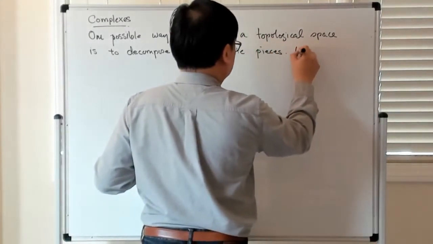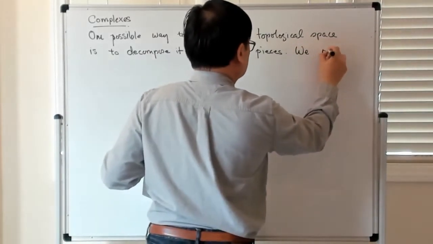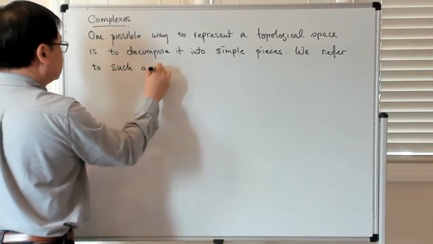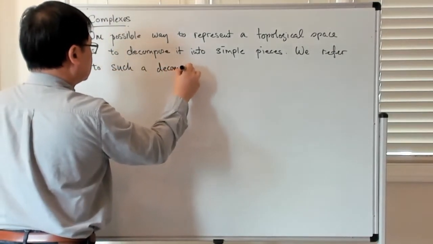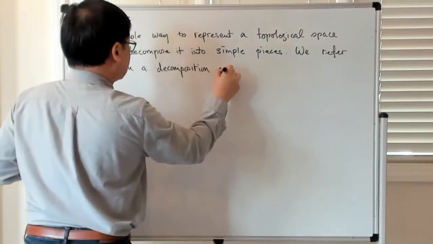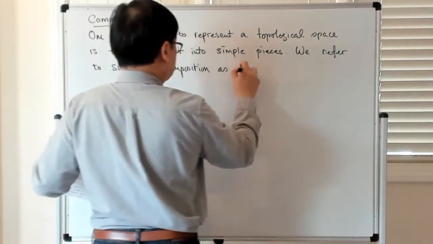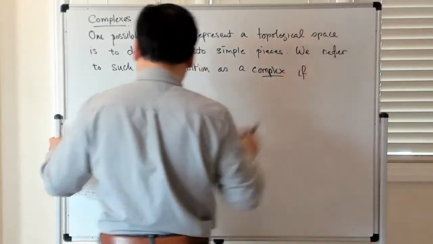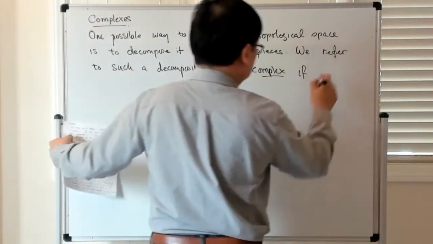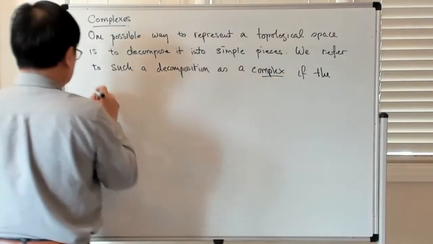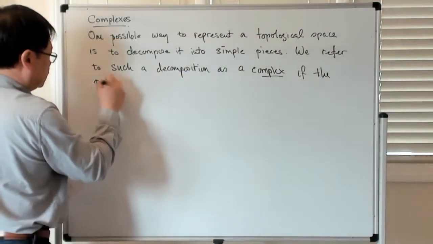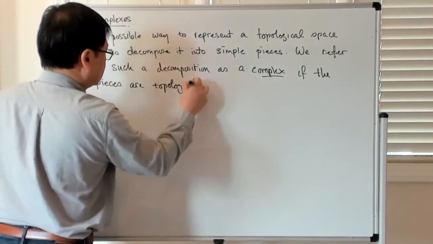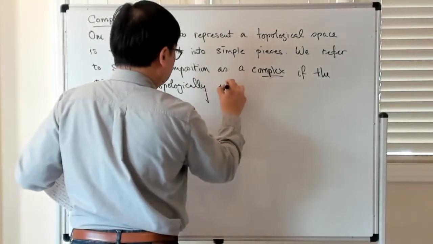Okay, so we refer to such a decomposition as a complex if the pieces are topologically simple, let's just say they're topologically trivial.